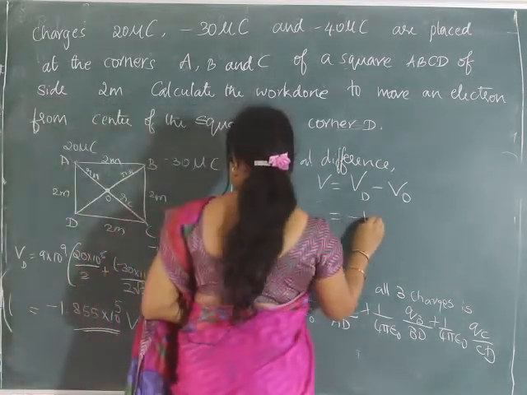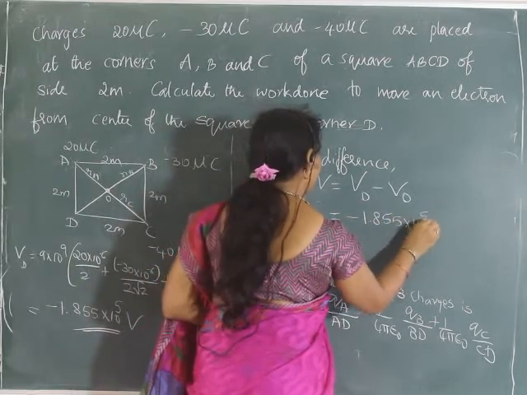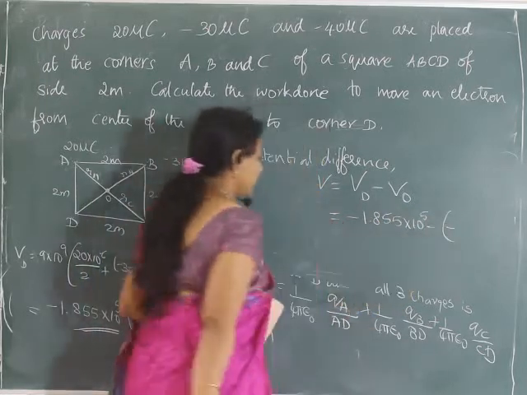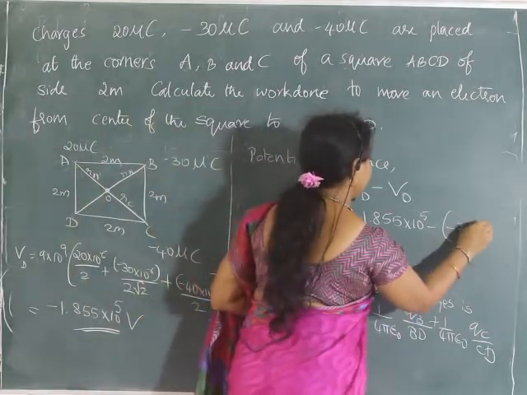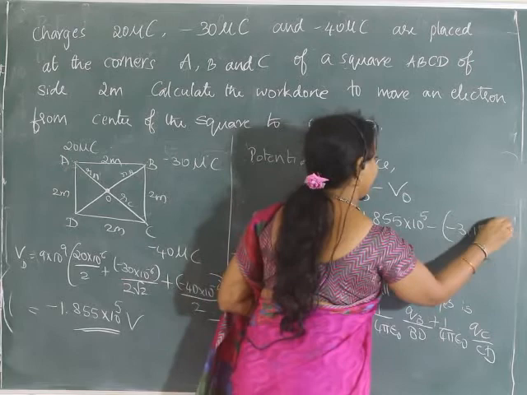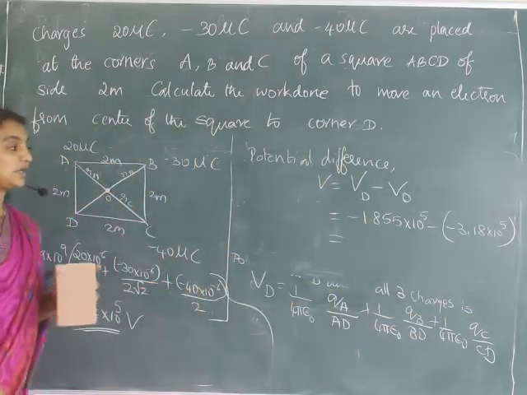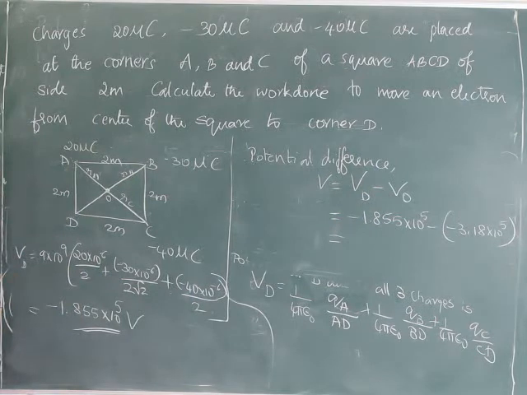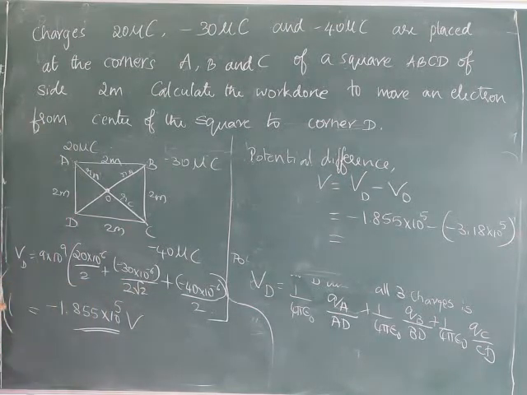Minus 1.855 into 10 to the power 5 minus what do you got? 3.18 into 10 to the power 5. What is the answer you get here? Minus of minus is plus. So minus 1.855 into 10 to the power 5 plus 3.18 into 10 to the power 5.